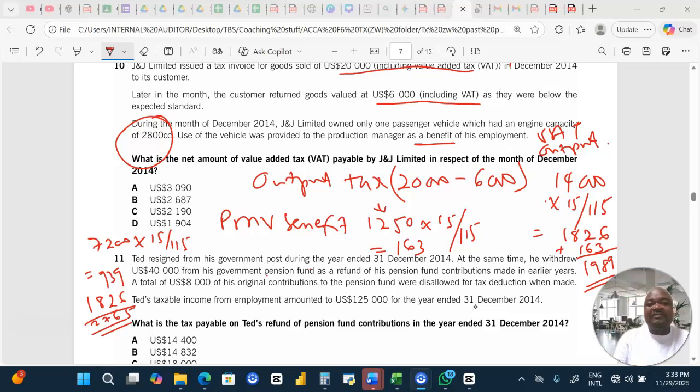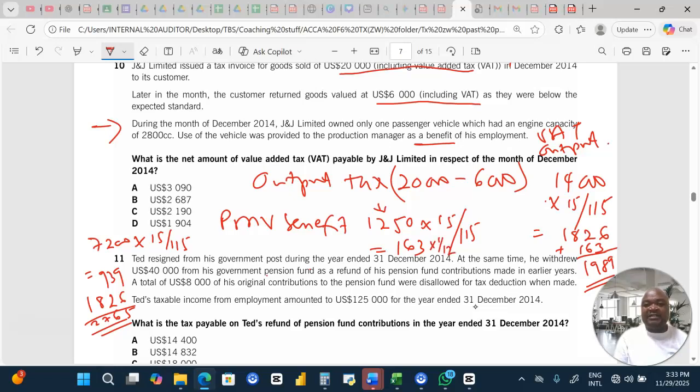One thing I missed was that this vehicle was not in business for the full 12 months. So what happens is you need to prorate the benefit. Benefits are normally prorated, isn't it? It was only for 1 month. So the PMV benefit should further be multiplied by 1 over 12.